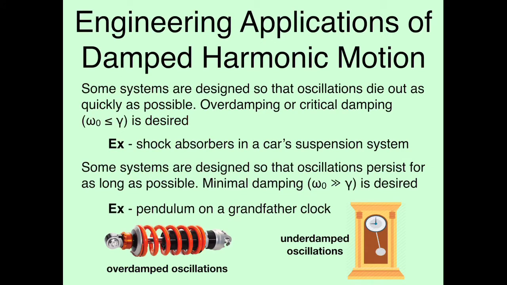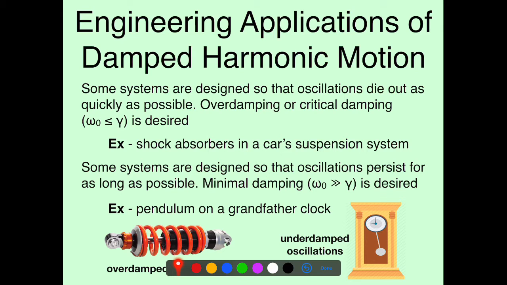Okay, so immediately we can see that there are some engineering applications for damped harmonic motion, and the different types of damped harmonic motion are relevant depending on what you're trying to build. So some systems are designed so that the oscillations die out as quickly as possible.